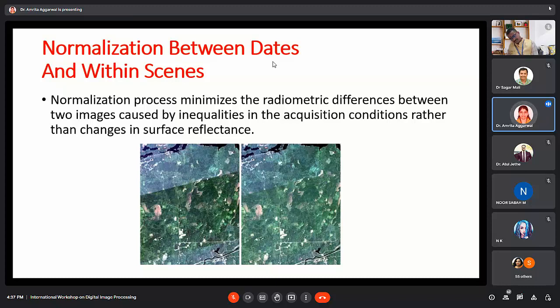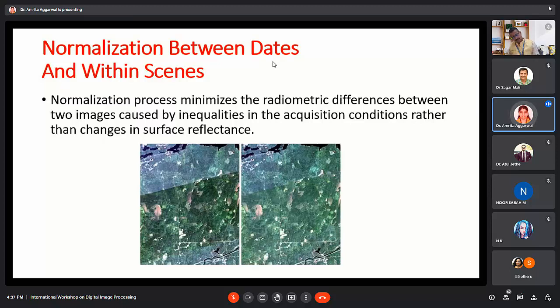Today's picture will have cloud cover. You will not be able to compare, but you cannot even go back and take imagery of the other period because it is gone forever. So, what will you have to do? You will have to make corrections in the imagery of today's time, and then you can do a comparative study of both the imageries for the two different years of the same area.